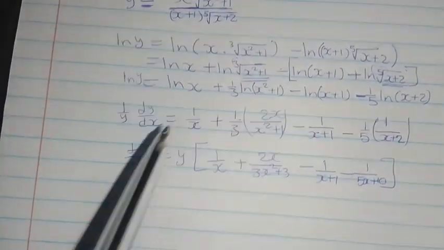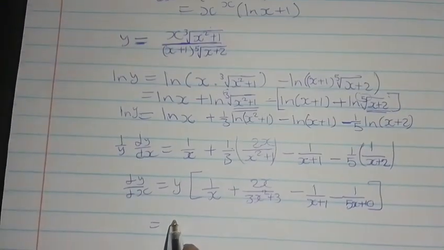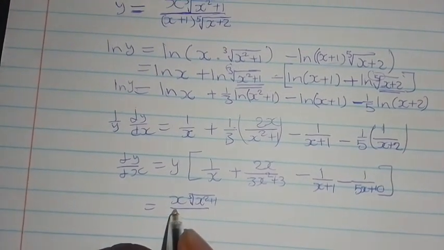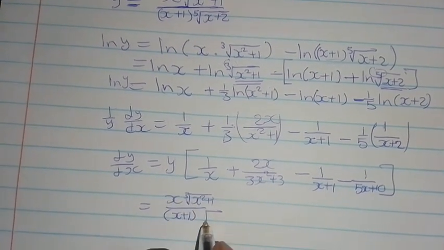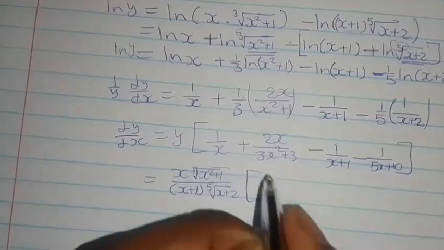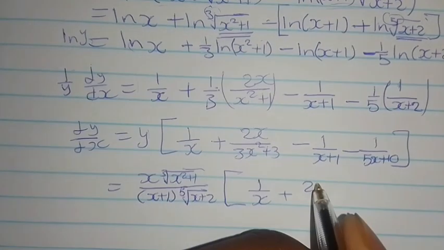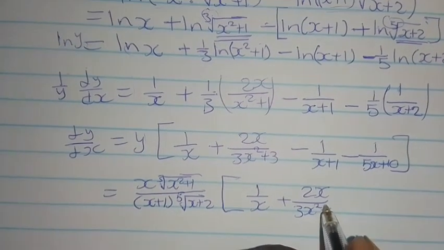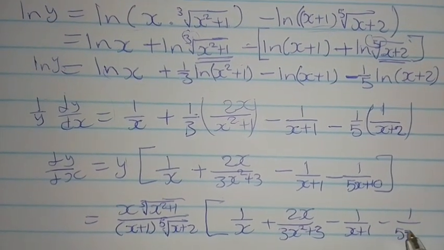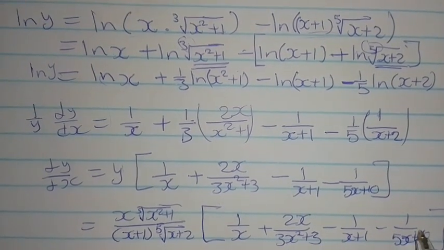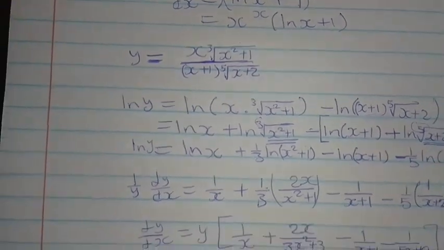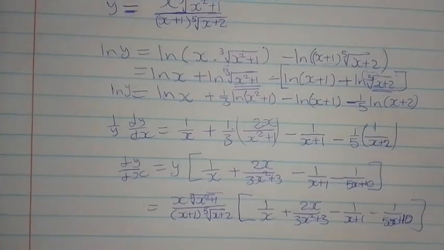If you substitute y back, then that will be the derivative of that. y is equal to x times the cube root of x squared plus 1 divided by x plus 1 multiplied by the fifth root of x plus 2, times 1 over x plus 2x divided by 3x squared plus 3 minus 1 over x plus 1 minus 1 over 5x plus 10. And that's how you can derive this using logarithmic differentiation.